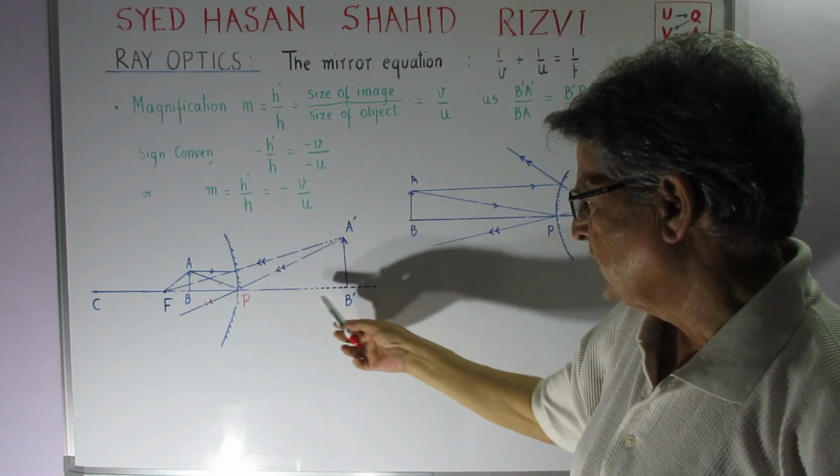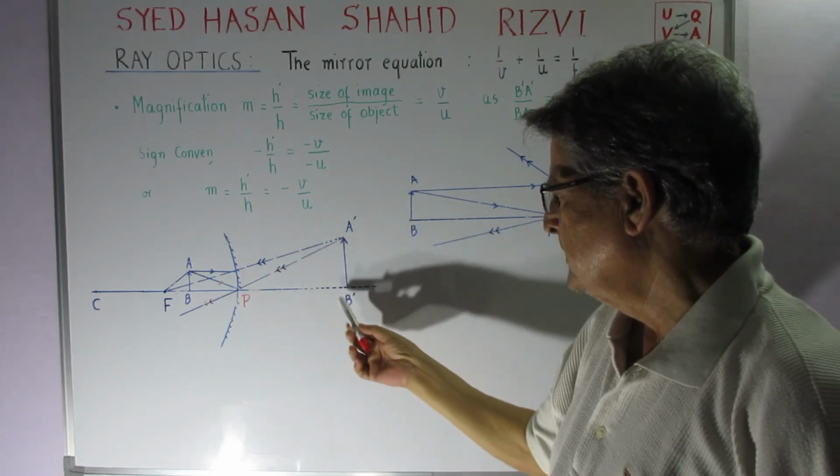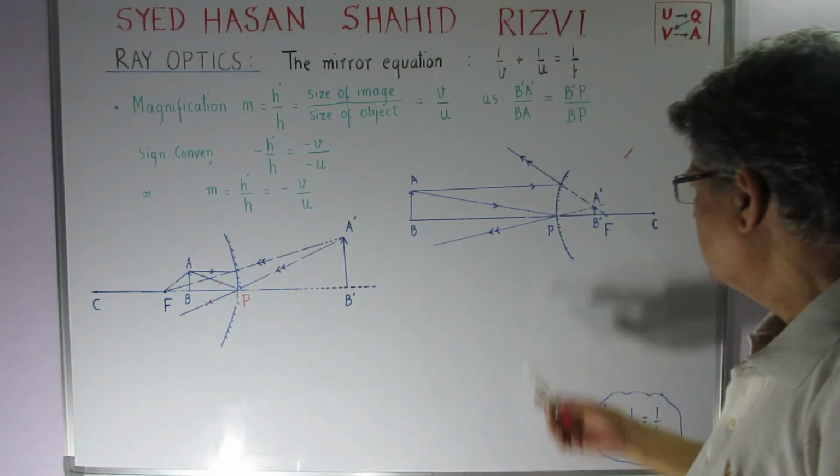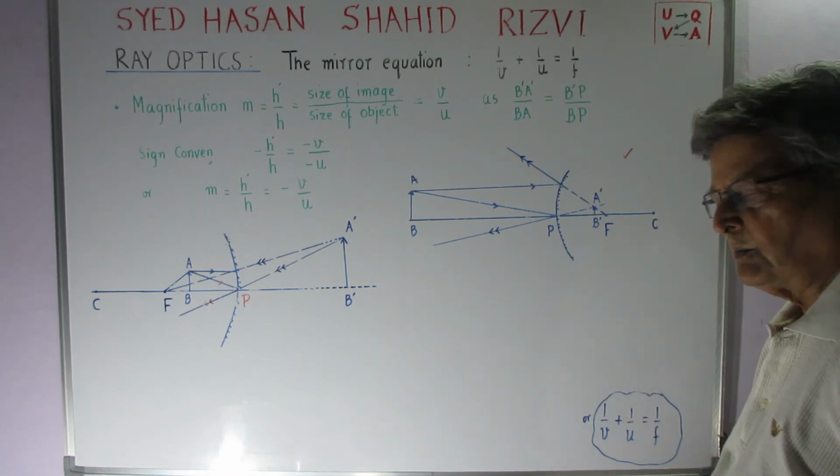For example, in this case, we take the PB dash as positive. In this case also PB dash is taken as positive.